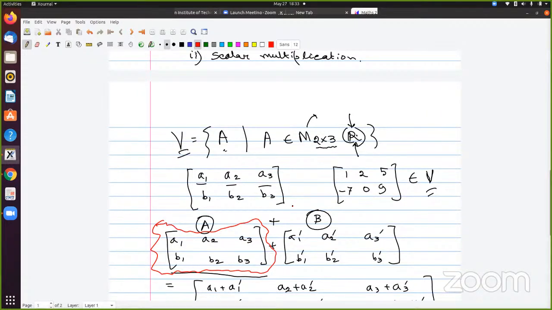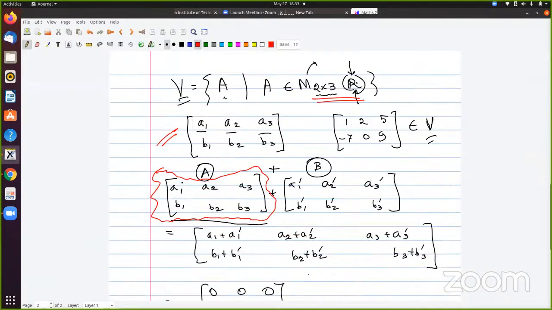Suppose I am talking about M2 cross 3 R. That means the set of all matrices of order 2 cross 3, and R denotes that we are dealing with real numbers, so all the elements are real numbers. These are the general form of elements in this vector space.